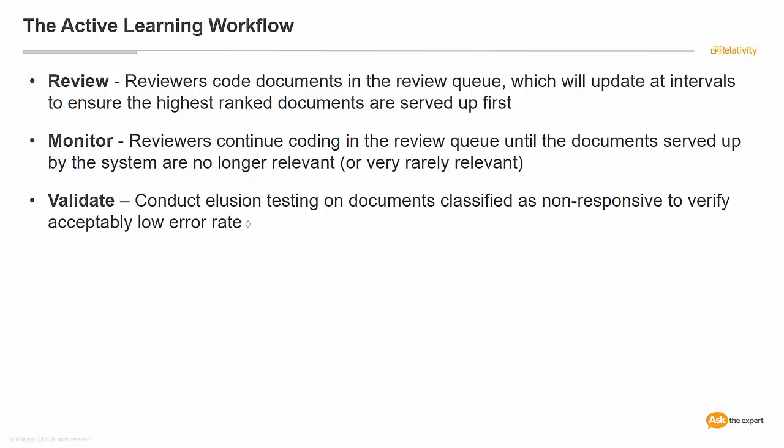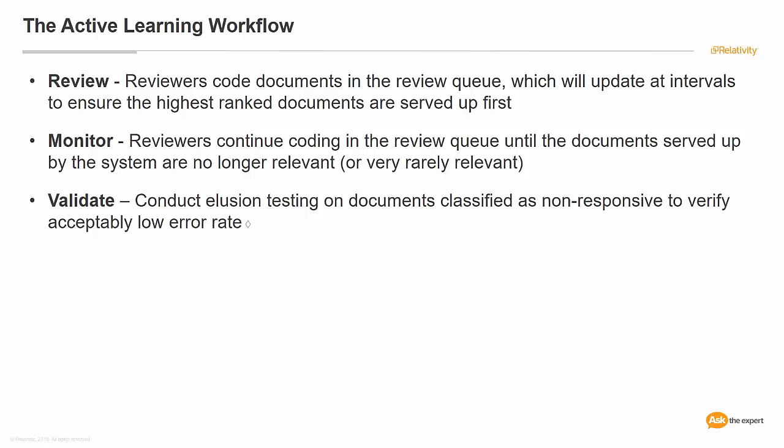Or the way to really leverage the tool and provide a lot of value is this: when you reach the point where the queue is no longer serving up many relevant documents, you can set aside those classified non-responsive documents and not necessarily have the team review all of them.